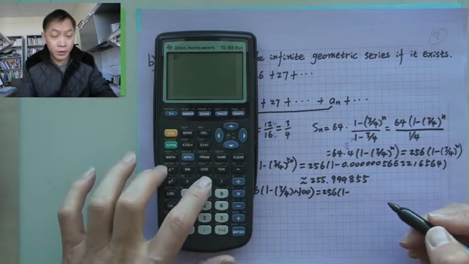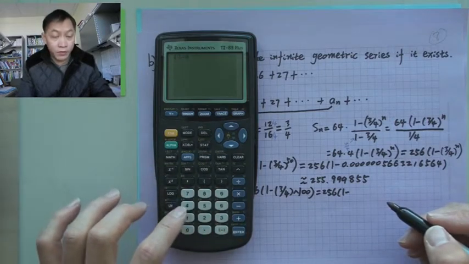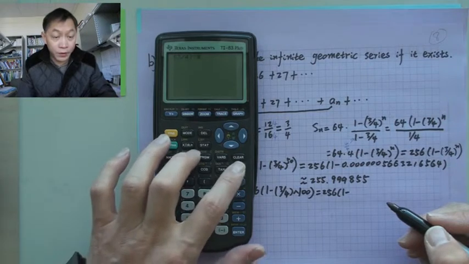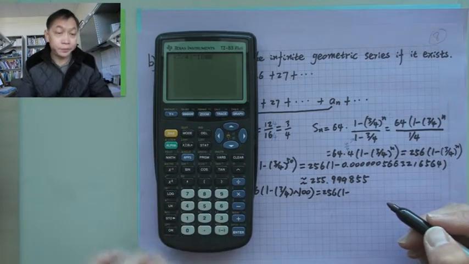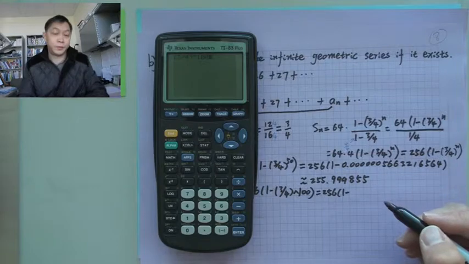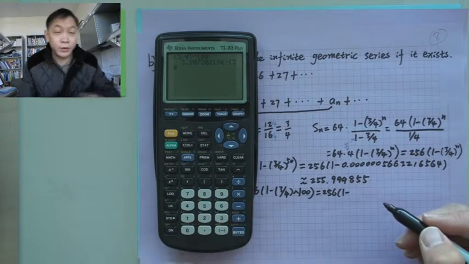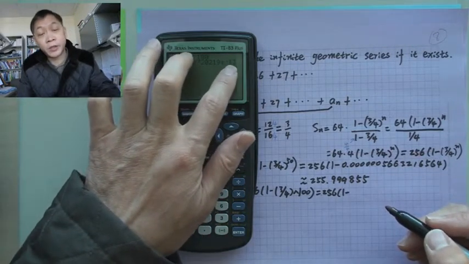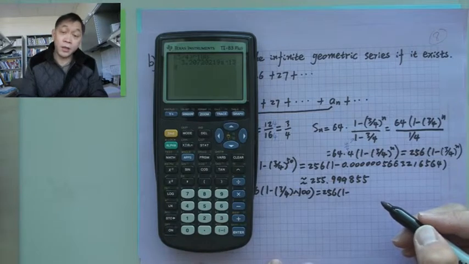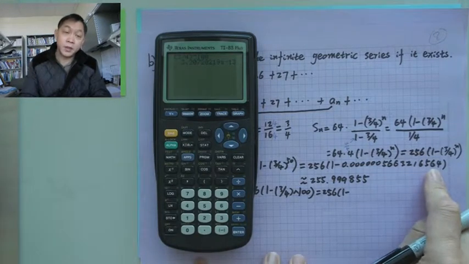Let me put 3/4 to the 100th. You see here is exponent to the negative 13th, even smaller than this number.